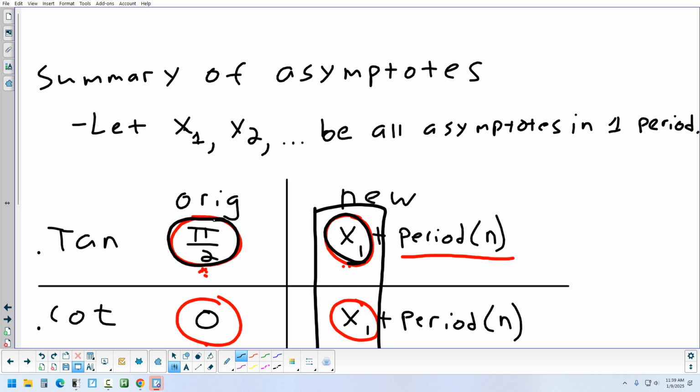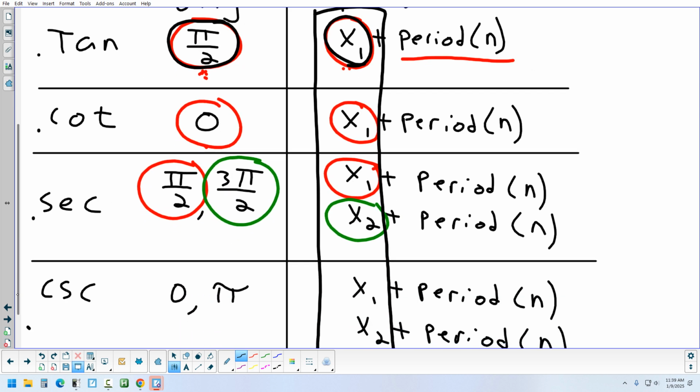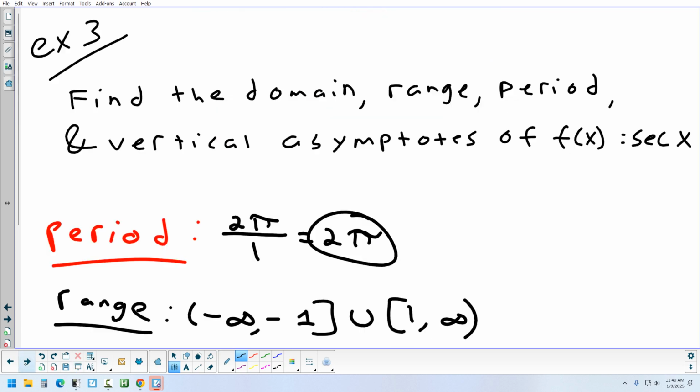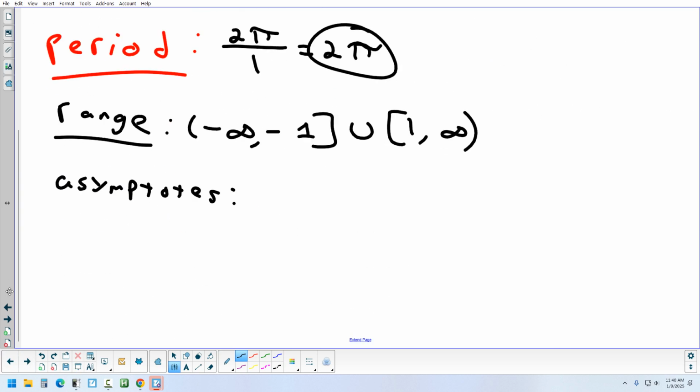All we have to do is put plus the period times n. So we're doing secant. What are my 2 original asymptotes for secant? Pi over 2 and 3 pi over 2. No transformations are happening. So these are going to be the 2 new asymptotes. Nothing's changing. Pi over 2 and 3 pi over 2.